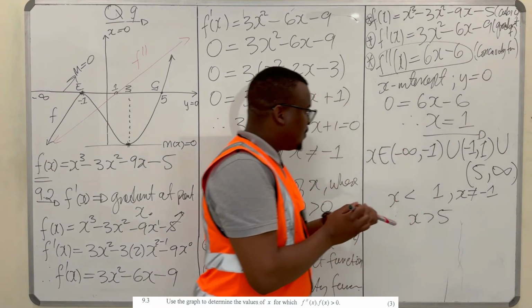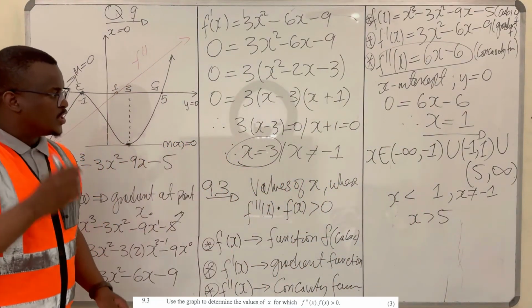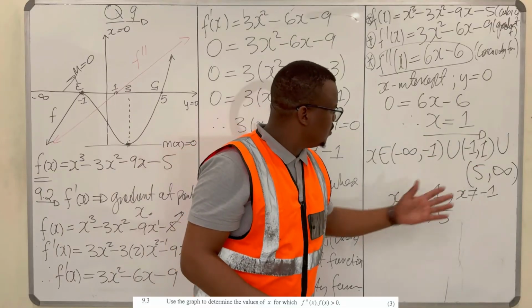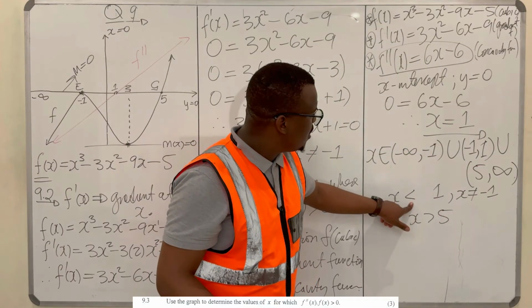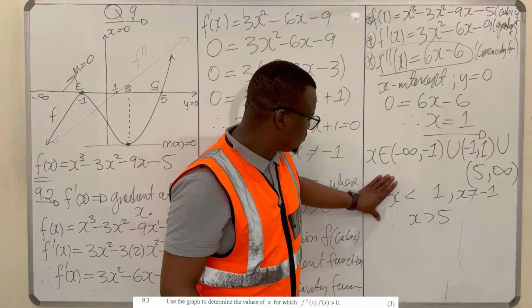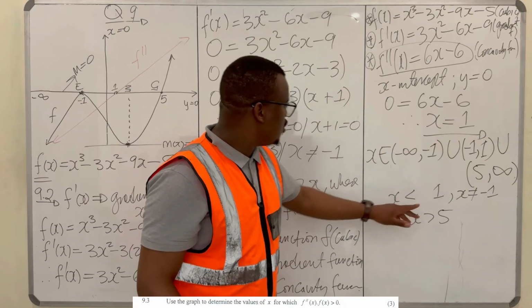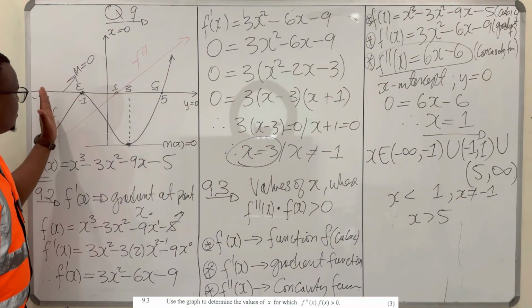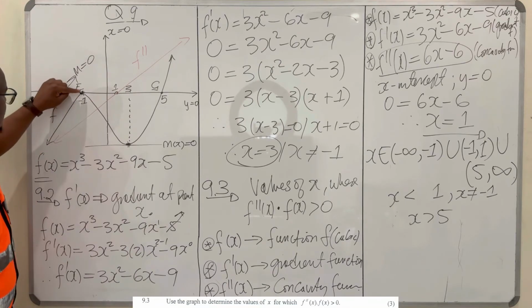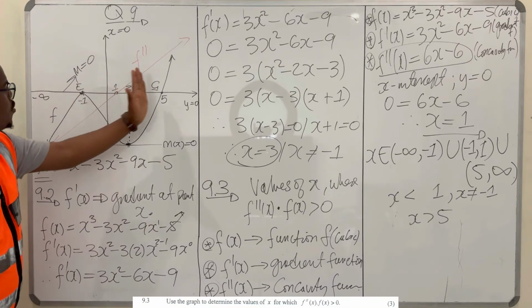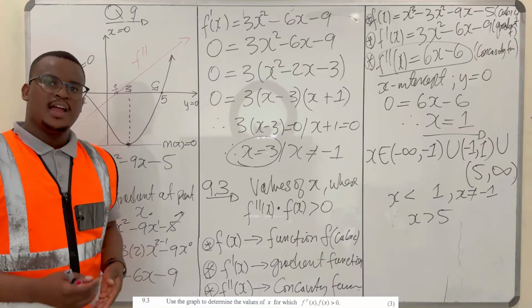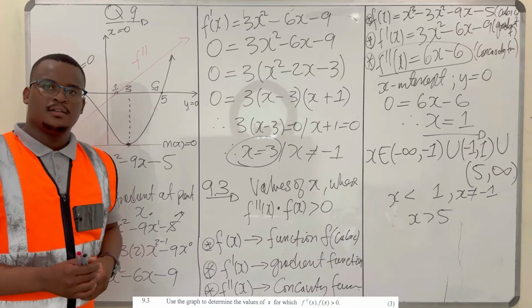So this is the same interval. I prefer this one because I can look at it better, but it is the same interval. Write it this way or that way, because all your x values are less than 1, but not equal to -1, because at -1, y is 0. And your x values are greater than 5. And we're done with 9.3, right?